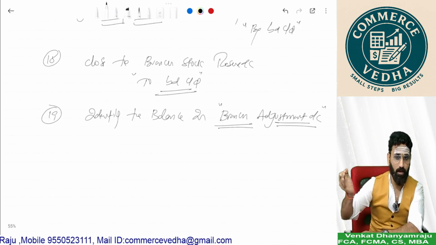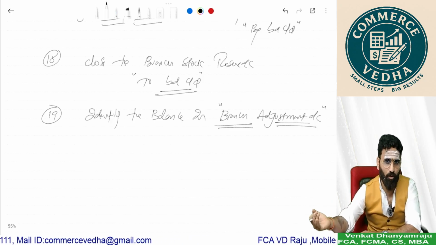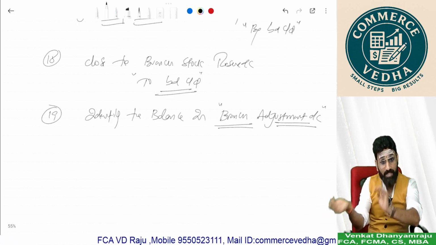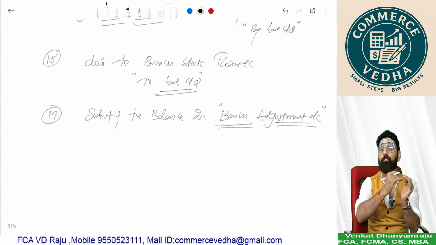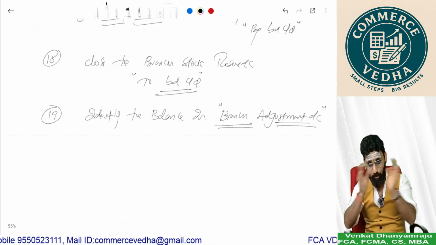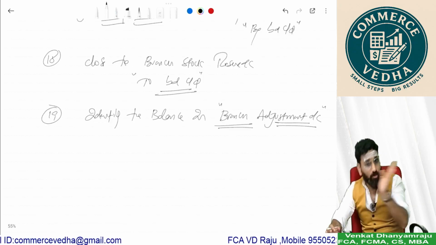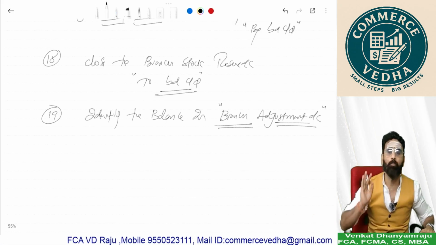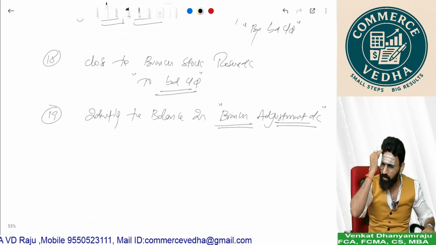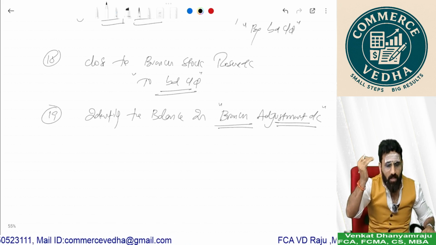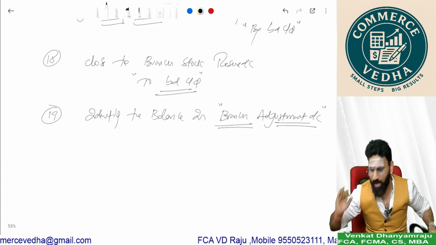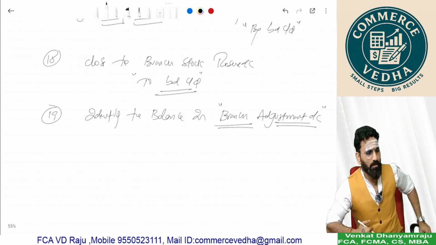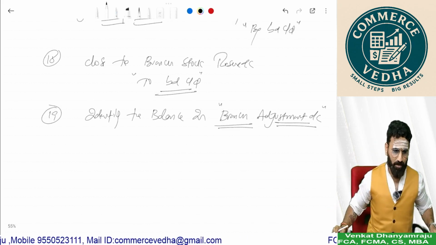Opening loading on the debit side, closing loading on the debit side, goods received from HO, goods sent to branch is on the credit side, goods sent back to HO on the debit side. So we do every loading through branch adjustment account. Whenever there is loading goods sent to branch, the opposite account is always branch adjustment. Whenever there is stock reserve, the opposite account is always branch adjustment.